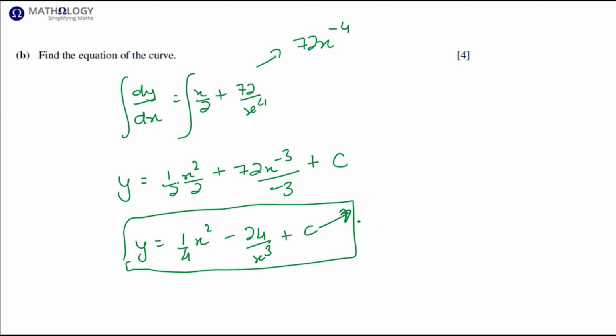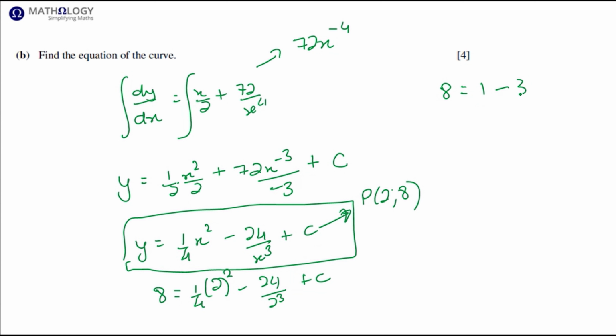Now to find the value of c, we need to substitute the point (2, 8) because the point (2, 8) lies on the curve. So substituting 8 for y, 8 equals a quarter and 2 for x. A quarter times 2 squared minus 24 over 2 cubed plus c. 8 equals a quarter times 4 is 1. 24 divided by 2 cubed is 24 divided by 8, which is 3.